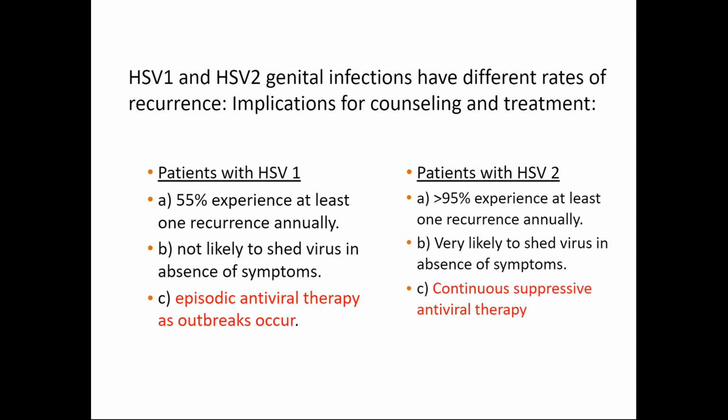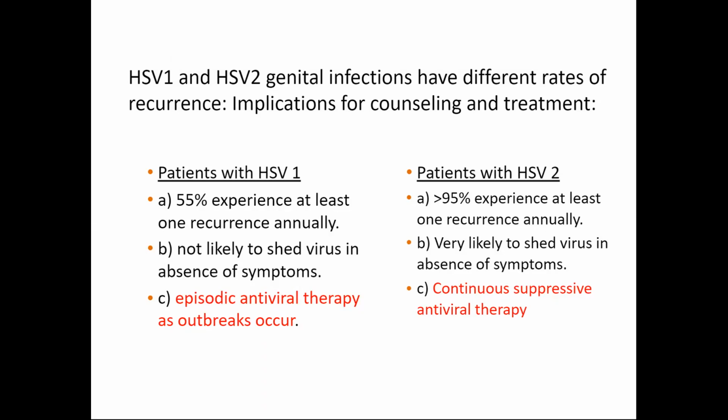Type 1 HSV and type 2 HSV genital infections have different rates of recurrence, and this has some major implications for counseling and treatment. 55% of patients with HSV-1 genital herpes experience at least one recurrence annually. Compare that to 95% of people with HSV-2 genital herpes having at least one annual recurrence.